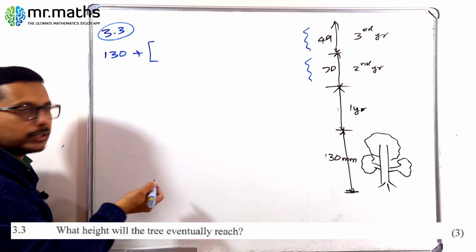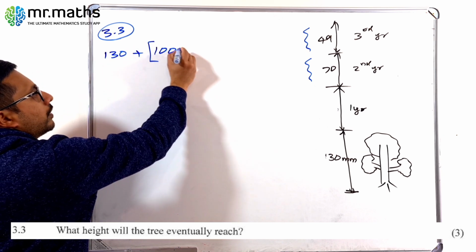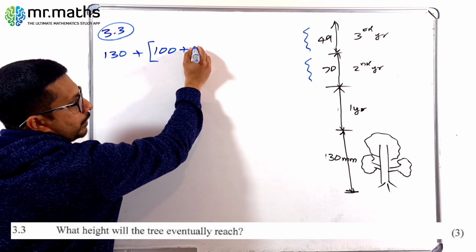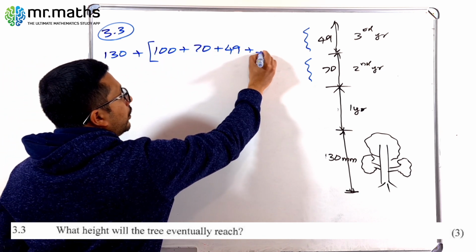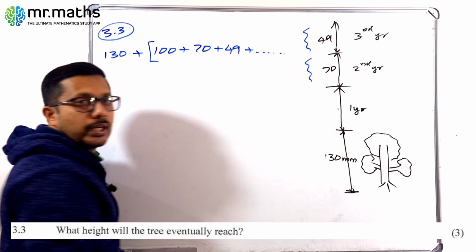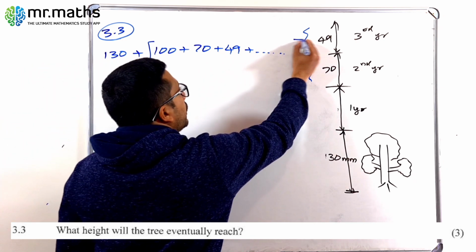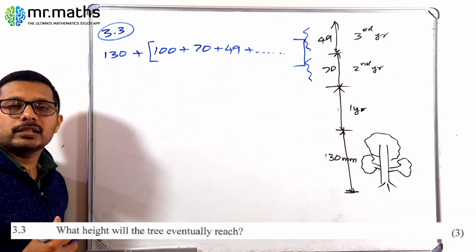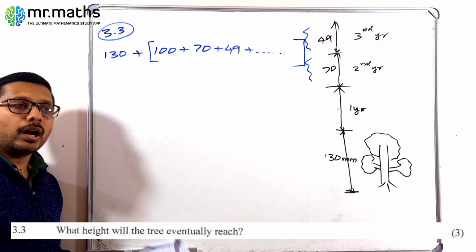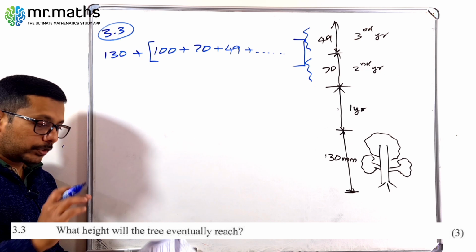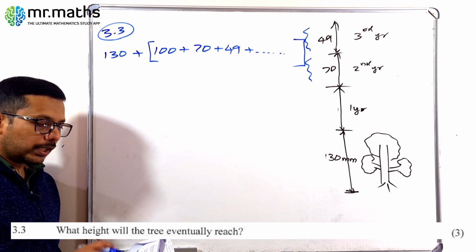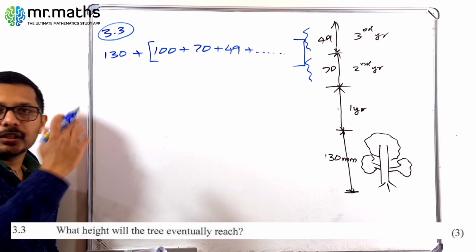Then after that, 100 in the first year, second year it is 70, third year it is 49, and if it is continuing like that, what is the height the tree is going to be after somewhere infinity? You understand? Look at that sentence once more: what height will the tree eventually reach?